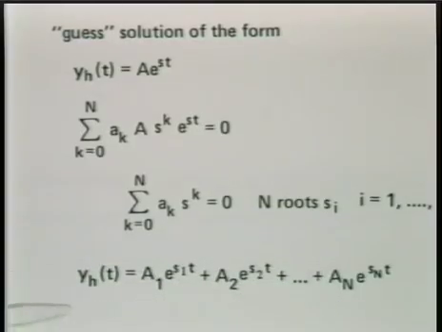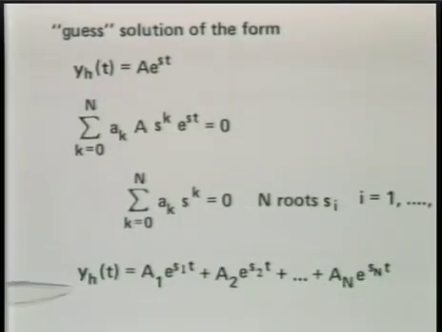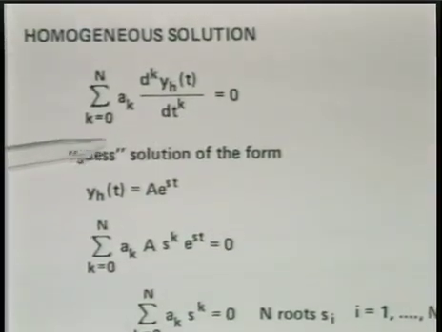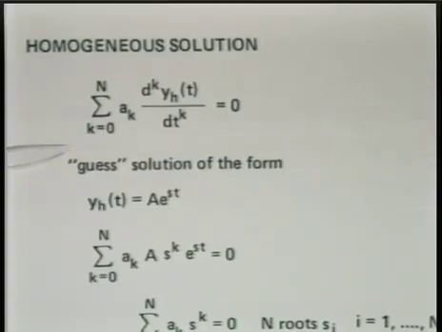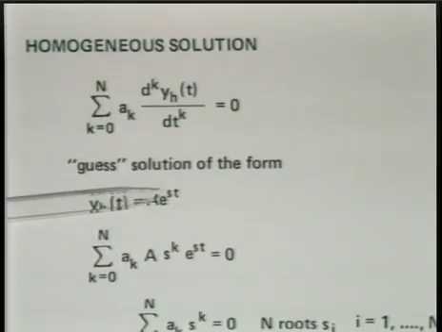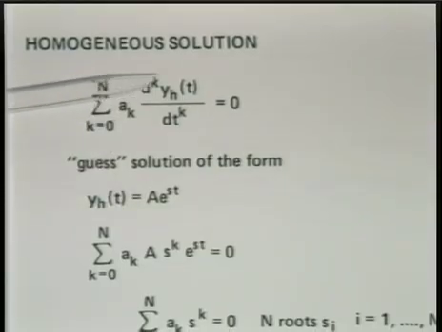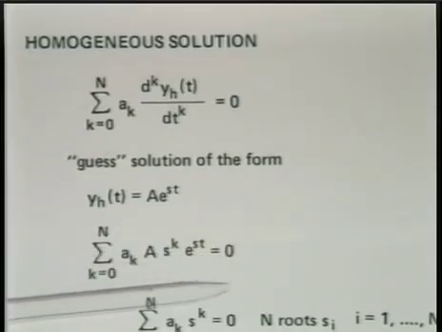And this form for the homogeneous solution, in essence, drops out of examining the homogeneous equation, where if we assume that the form of the homogeneous solution is a complex exponential with some unspecified amplitude and unspecified exponent, and substitute this into our homogeneous equation, we end up with the equation that I've indicated here.